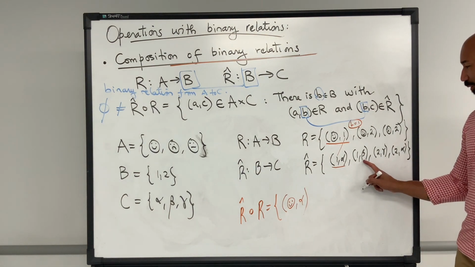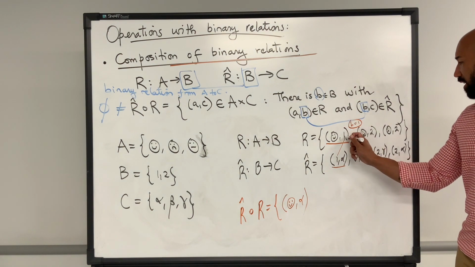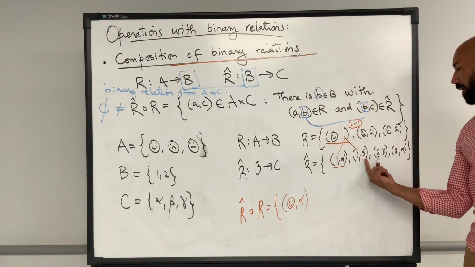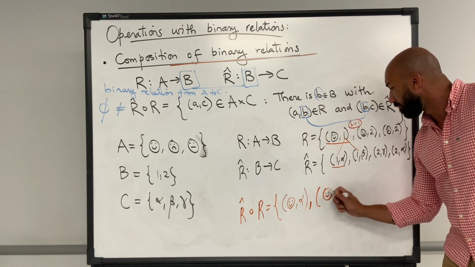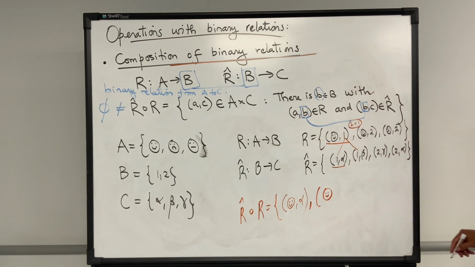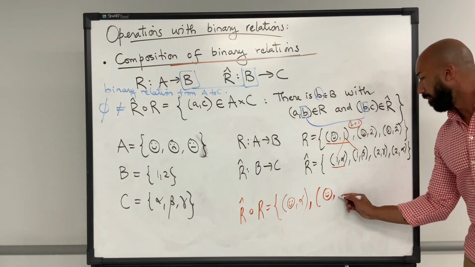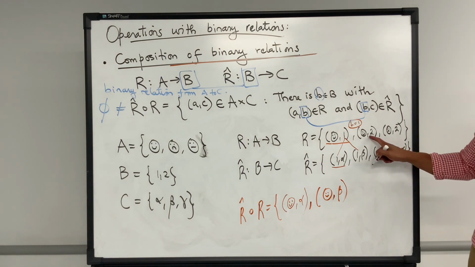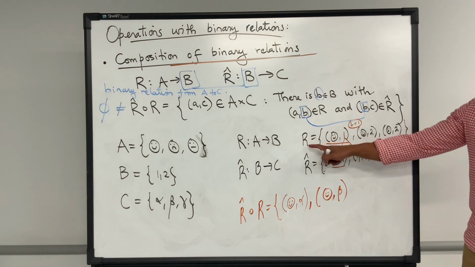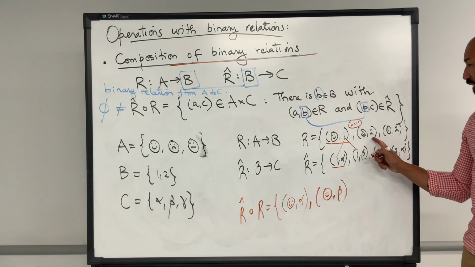But 1 is also related to beta, so 1 is also serving as a link for happy face and beta. So the pair happy face beta is also a pair of the composite binary relation. If we look at this second pair here of the relation R, this is telling us that happy face is related to 2.